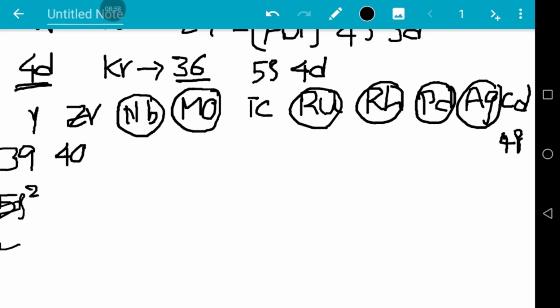Next, zirconium: 5s2, 4d2. Why? Because krypton 36 plus 2 and plus 2, totally 40 electrons.